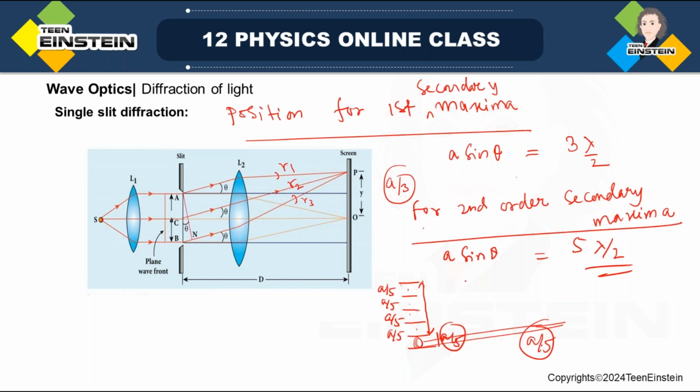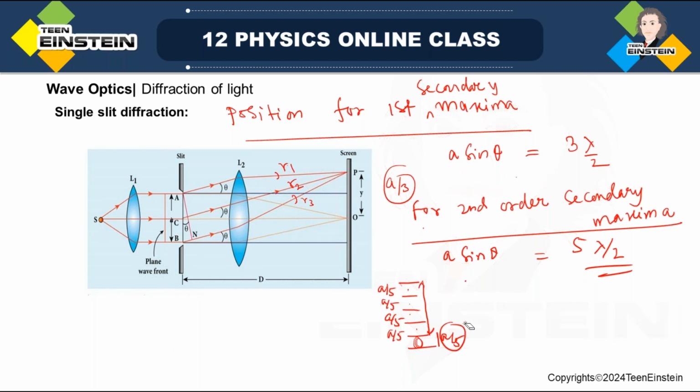If this is suppose 10, earlier you were getting about 33%, now you are getting about 20%. So 20% of the slit will contribute to this second order secondary maxima.